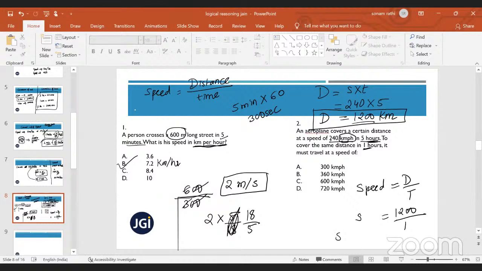So speed should be 1200 kilometer per hour. All the options are wrong here. The correct answer is 1200 kilometer per hour. Question number 2, correct answer is 1200 kilometer per hour. Done, everyone?